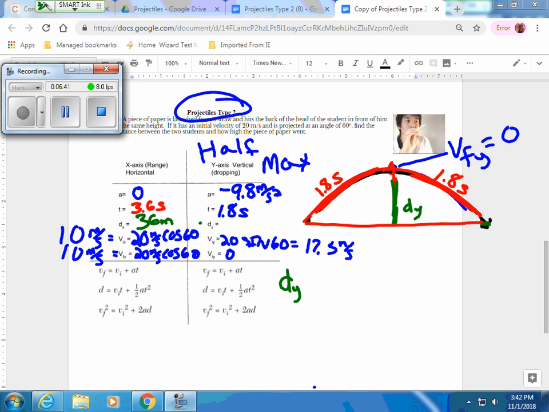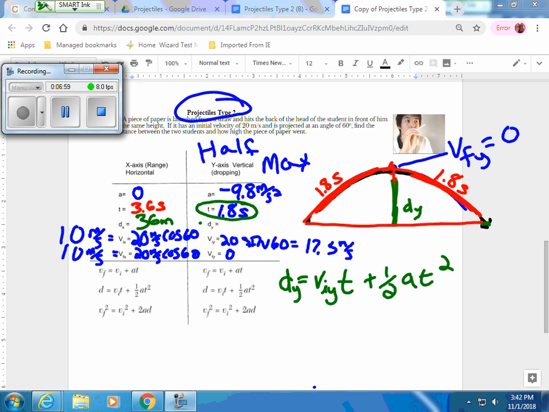Alright, so here's my dy equation. My dy is equal to v initial y t plus 1/2 a t squared. And you got to be careful now because you're going to use the time in the y spot. You're using this time.